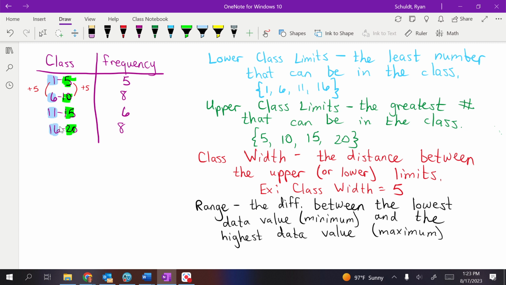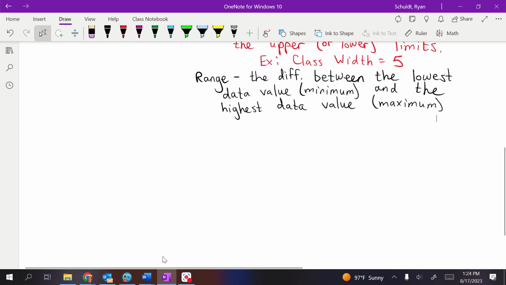Okay, so now, how do we make one of these? So let me scroll. There we go. There are 5 steps to make one.